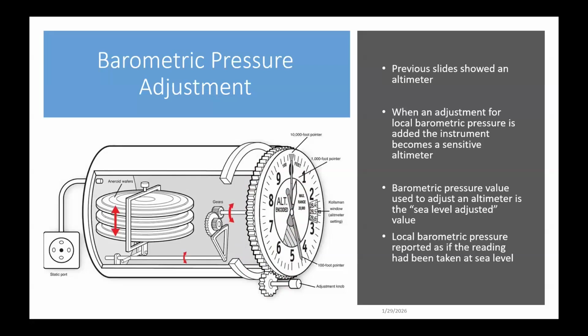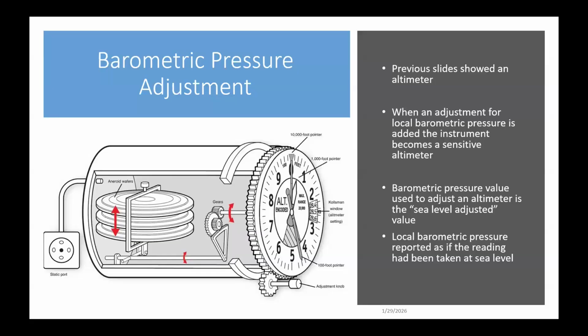So one of the things that you adjust is, like I said, the sea level adjusted barometric pressure. Barometric pressure drops roughly 1 inch per 1,000 feet above sea level. So an example, at Denver, when they have a sea level adjusted barometric pressure of 29.92, the actual local reading will be something in the order of 24.92.